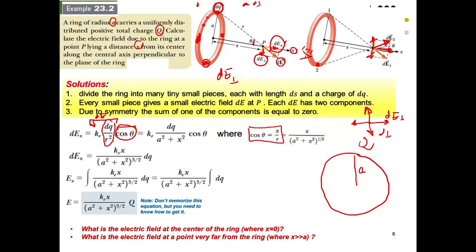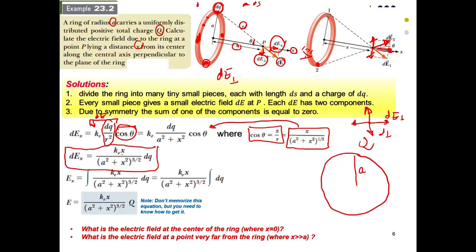So let's see, where is x, where is r? We don't have r, but we have a and x given in the question, so it's equal to x divided by this. Okay. Now, if you substitute this into cosine theta, our dEx will be something like this.